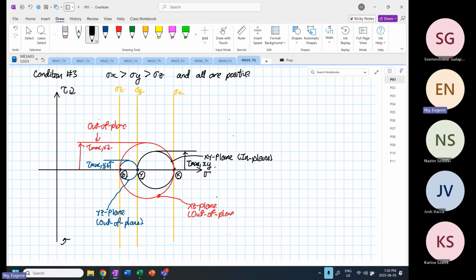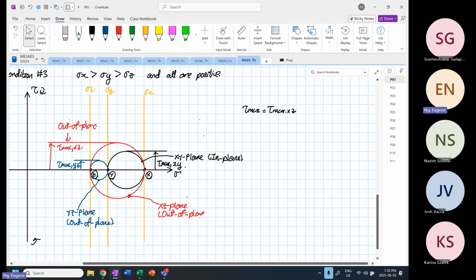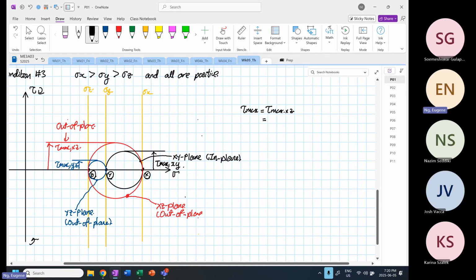So when this is the case, right? We can see that the shear max for the three Mohr circle is in the XZ plane, right? And this will correspond to stress X minus stress Z, and then we divide by 2.